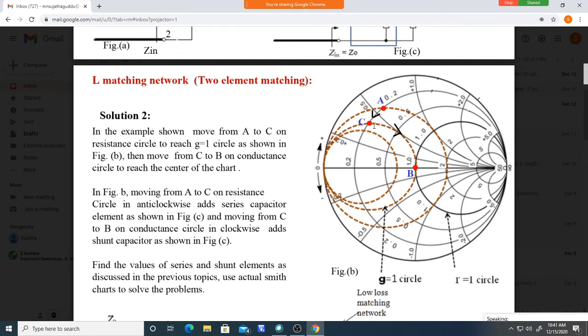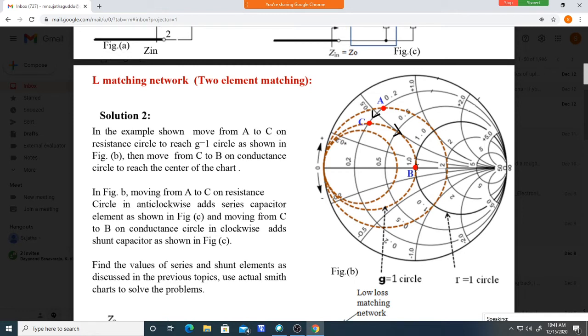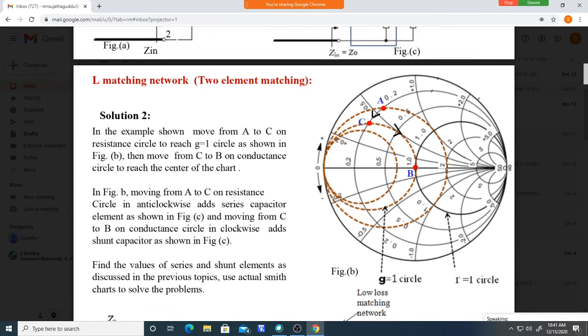See here, this is the G equals one circle. So from here we moved like this, and I reached the center of the Smith chart. Through the center of the Smith chart, the G equals one circle or R equals one circle is passing.